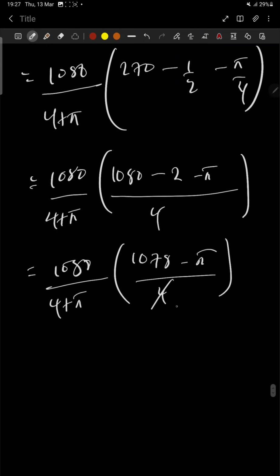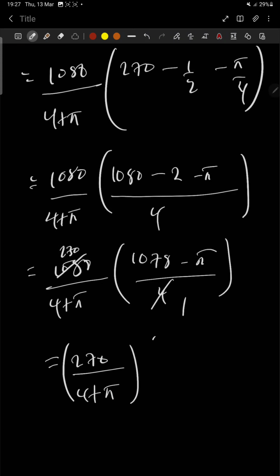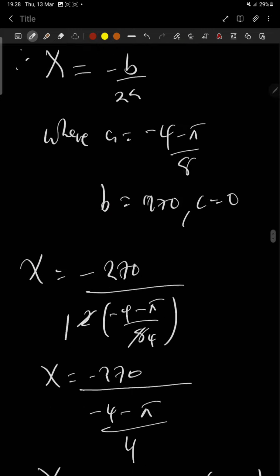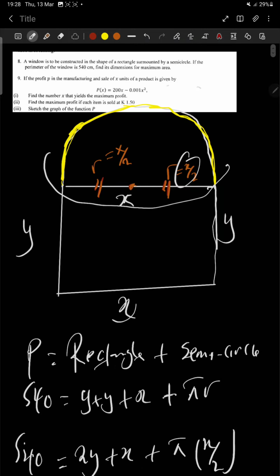Okay. Now 4 in here is 1. 4 in this is 270. So we're going to have 270 over 4 plus pi being multiplied by 1078 minus pi. I can settle with this because there's no way you're going to simplify this without using a calculator. Yeah. Let's look at the other question.